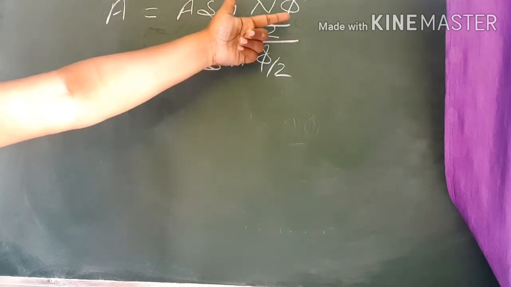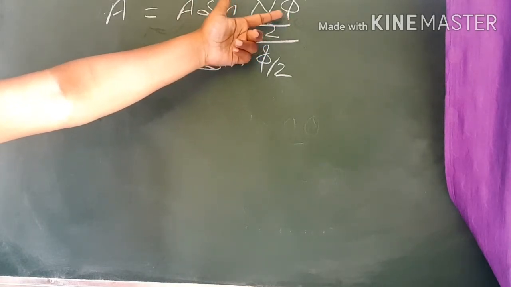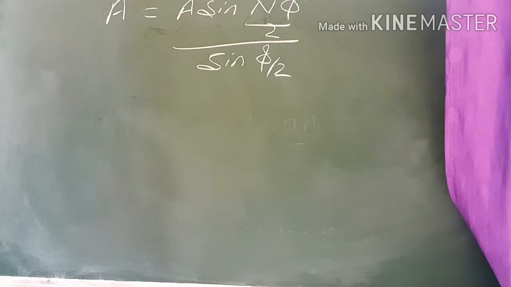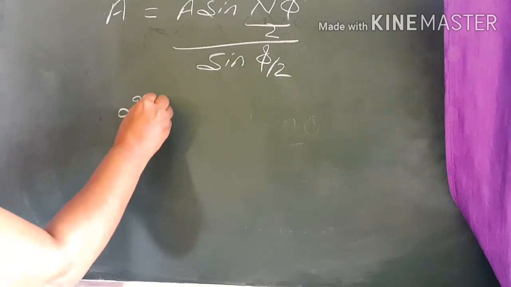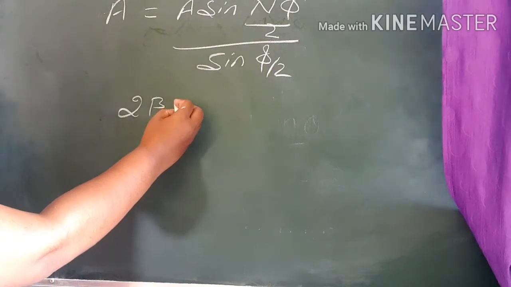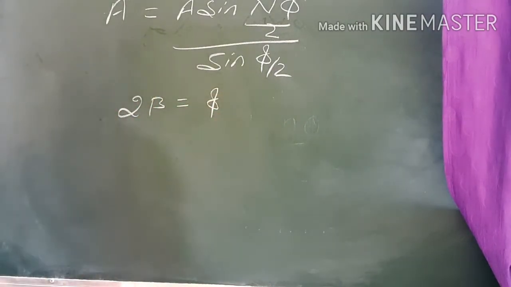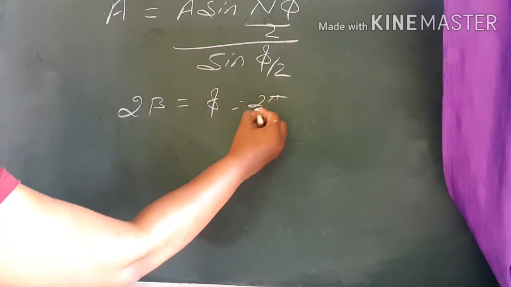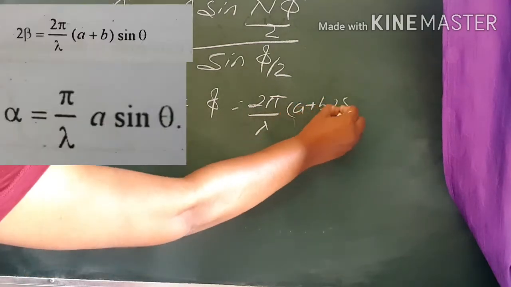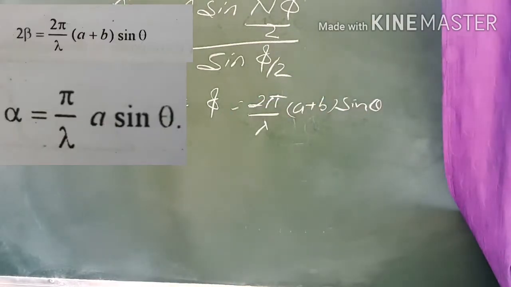So in this case, phi should be the phase difference between the rays coming from two consecutive slits, and we know this phase difference is 2 beta. So phi is equal to 2 beta, and we know 2 beta is equal to 2 pi by lambda (A plus B) sin theta.